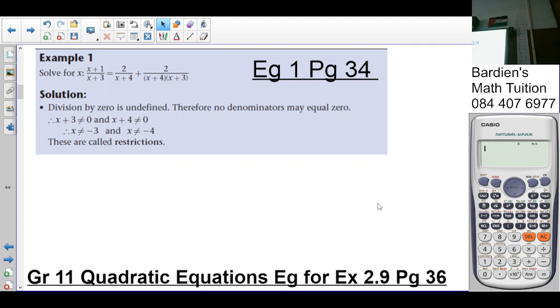So if we look at the denominator, the first thing we need to do is factorize the denominators if possible. So make a note there. The first thing is you need to factorize the denominators if possible. Is our denominators factorized?